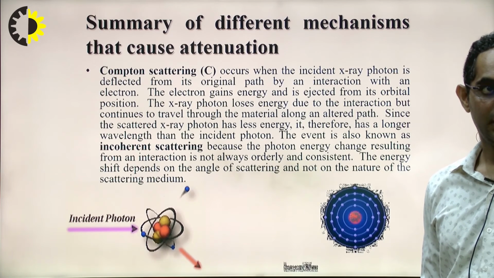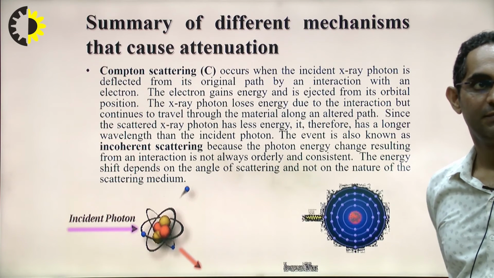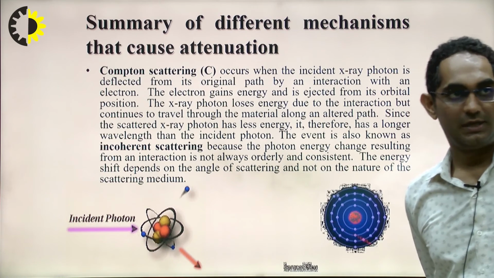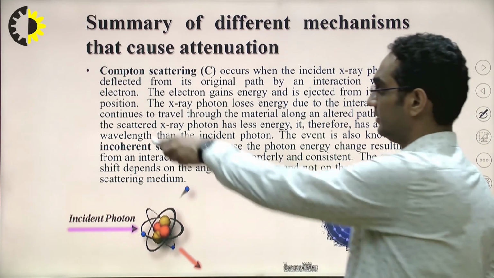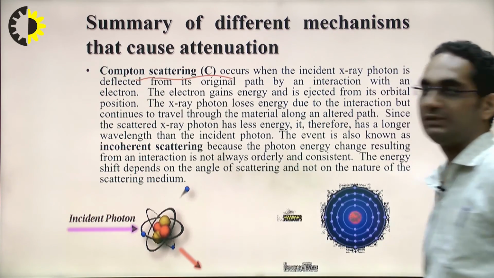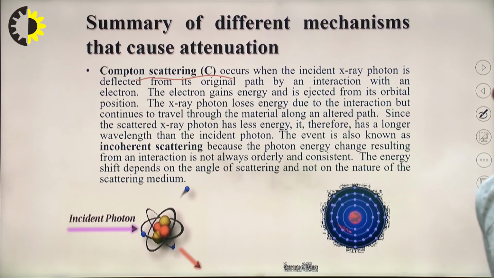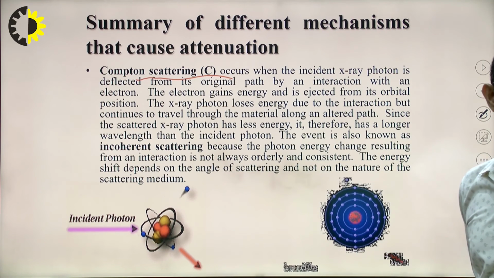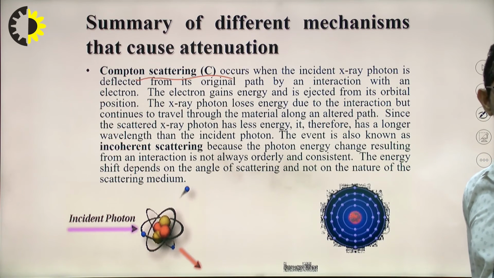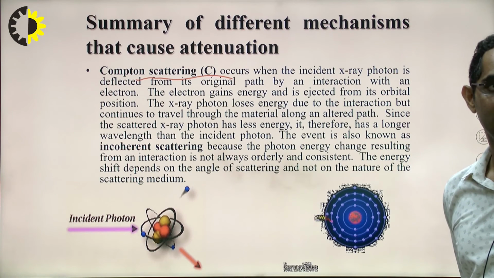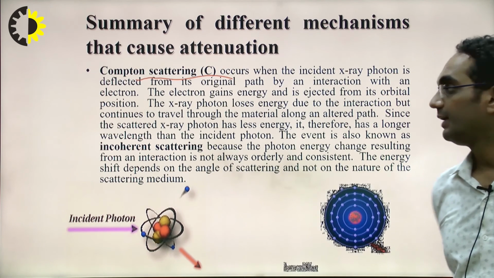Next, the summary of different mechanisms that cause the attenuation is the Compton scattering. Compton scattering occurs when the incident X-ray photon is deflected from its original path by an interaction with an electron.